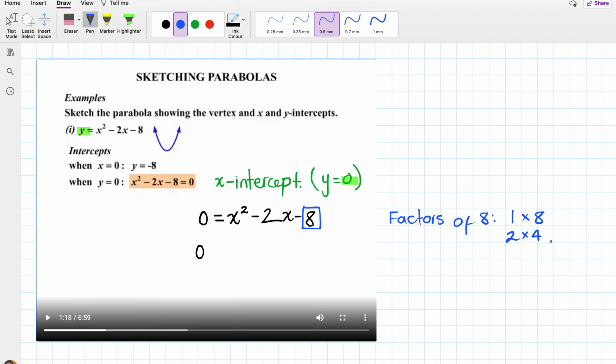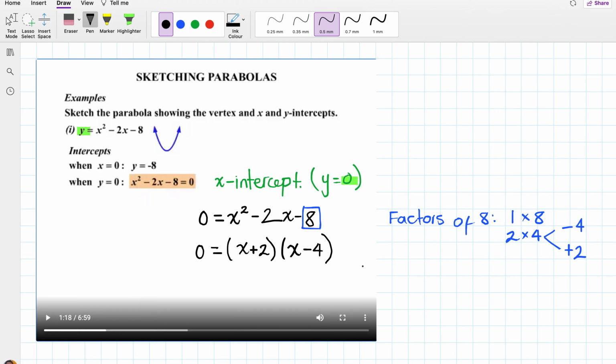So it has to be negative 4 and positive 2, because negative 4 plus 2 is negative 2. So when I factorize it, it's going to be (x plus 2) times (x take away 4).